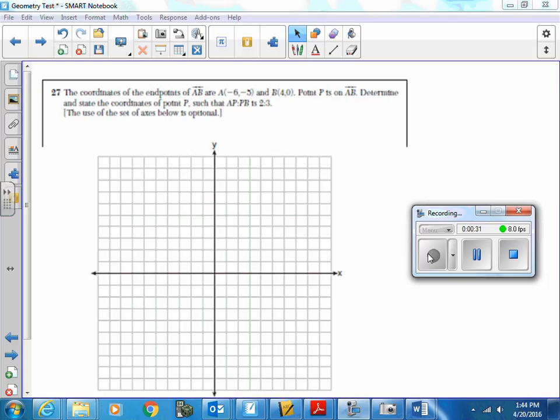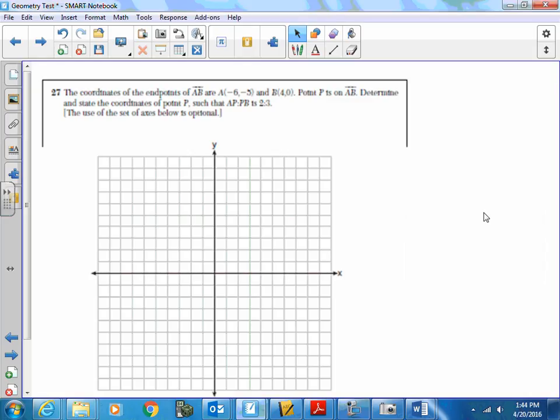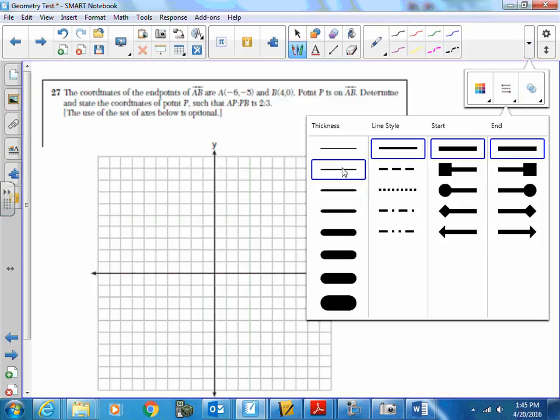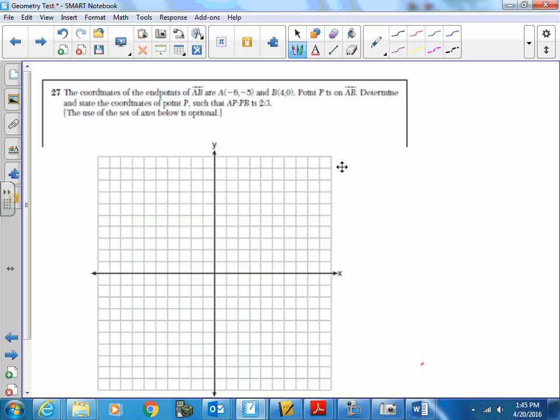All right, so let's go ahead and do this. First thing I'm going to do is graph the points. I think the use of the set of axes would be good in this situation. So let's graph these points.